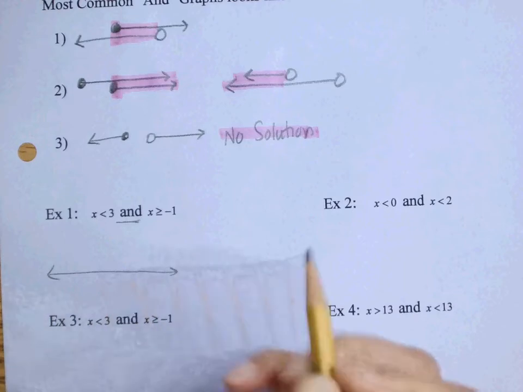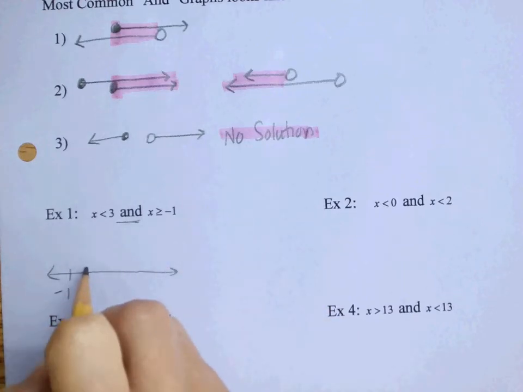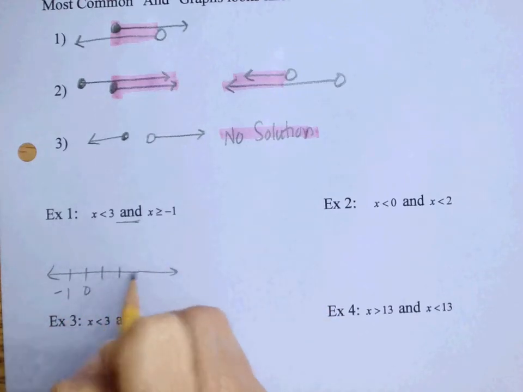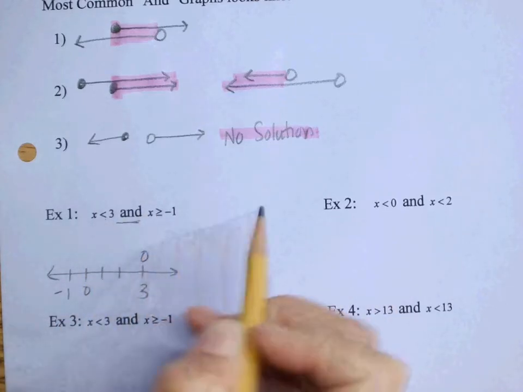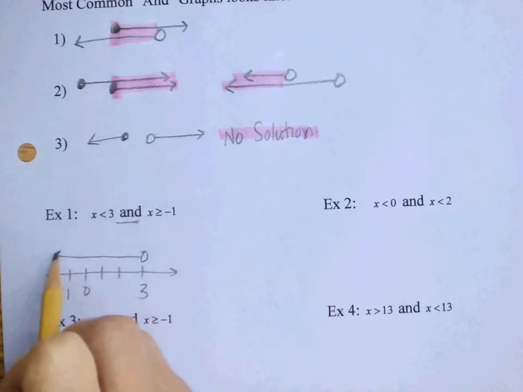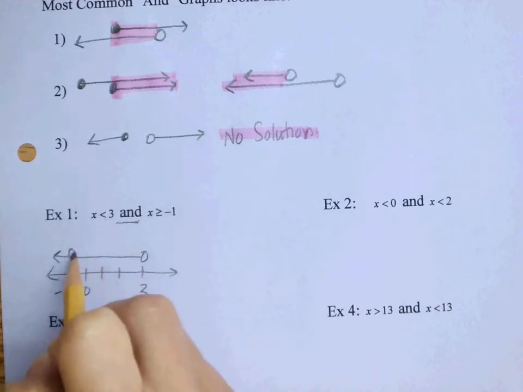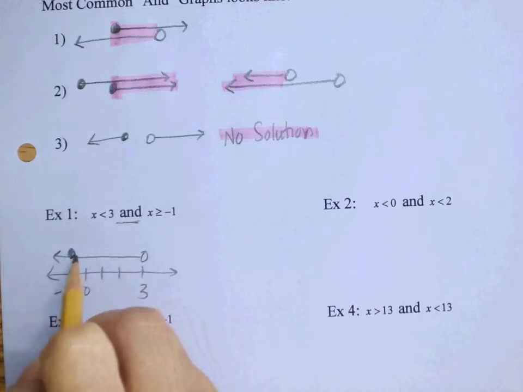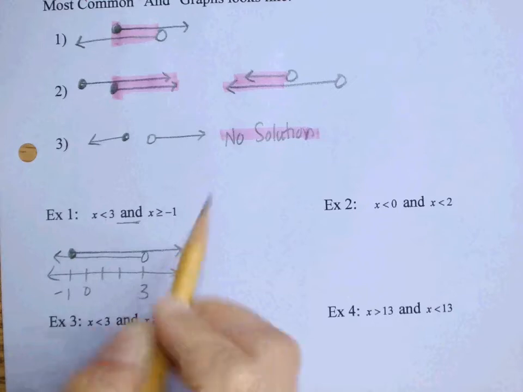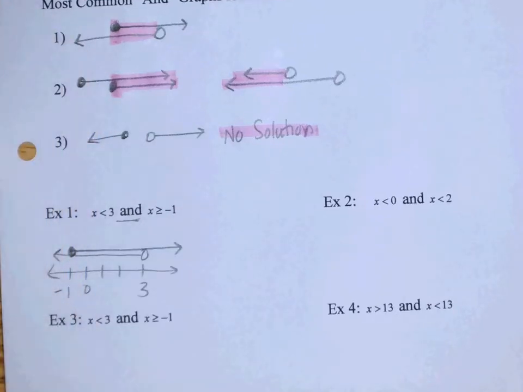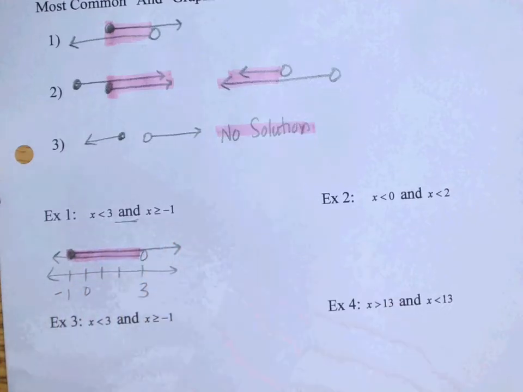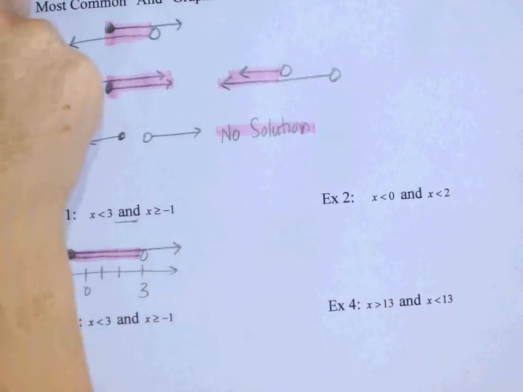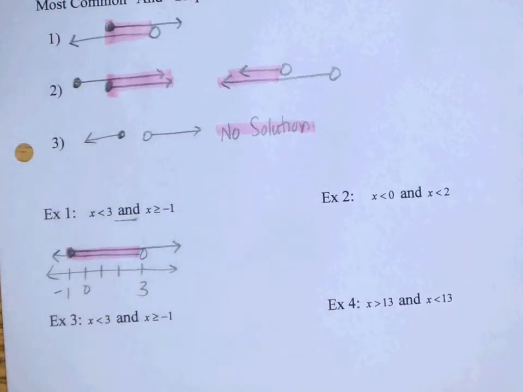On my number line, I'll have -1, 0, 1, 2, 3. At 3, it's an open circle and it's less than. At -1, it's a closed circle and it's greater than. So the solution is right there where they overlap. It includes the closed circle all the way up until the open circle.